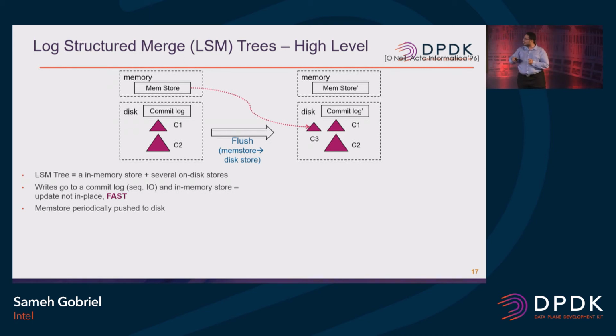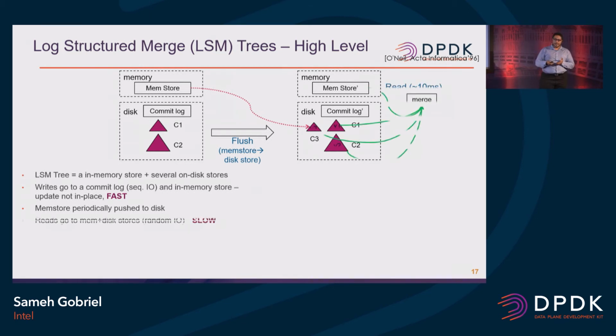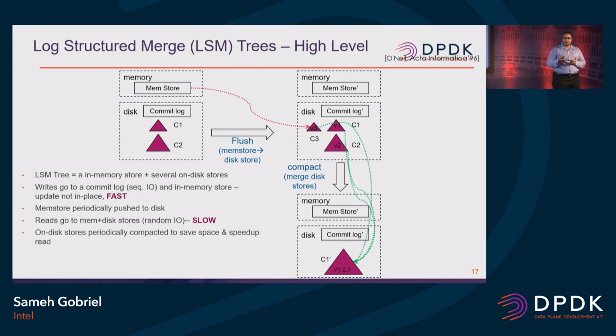So on the disks, you will have many versions of the same KV stores, C1, C2, and C3. Whenever you are reading or looking up, you look up all of them to get the match. And over time, you are trying to merge the ones on the disk to form a new tree. So this is, at a very high level, what LSM trees are.